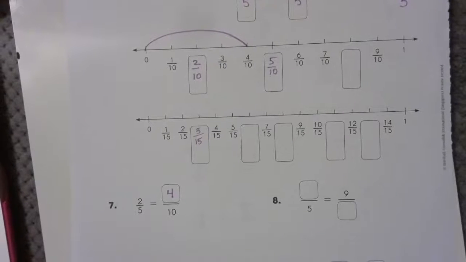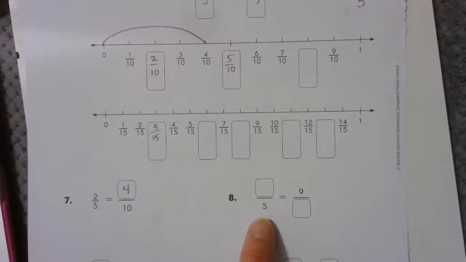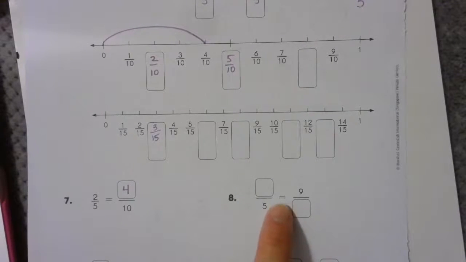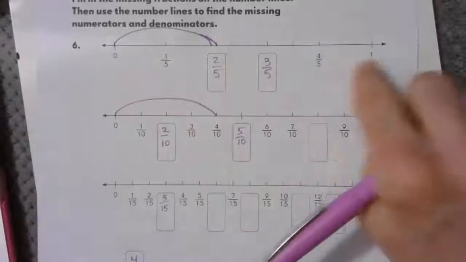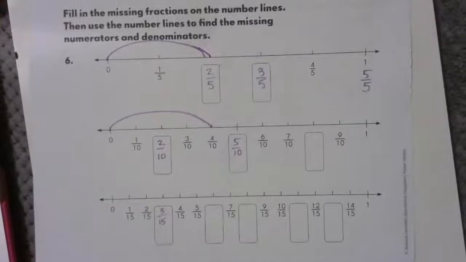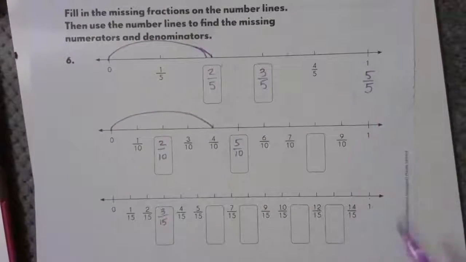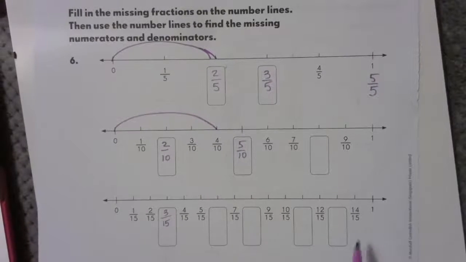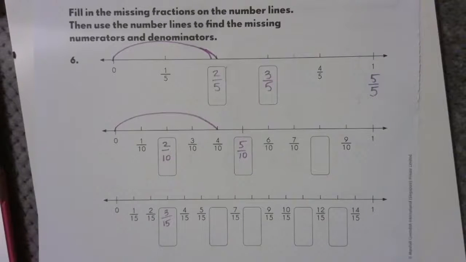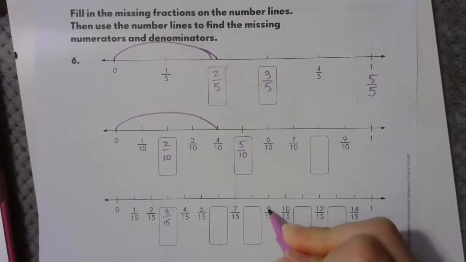Okay? Now, for problem number 8, this one's a little trickier because they want to know how many fifths are equivalent to 9 something. So let's look at our fifths. Okay? These are our fifths. Alright? Which of our fifths would be equivalent to 9 something? So let's see here. Let's find 9 as a numerator up here. Okay? I see 9 as a numerator here.